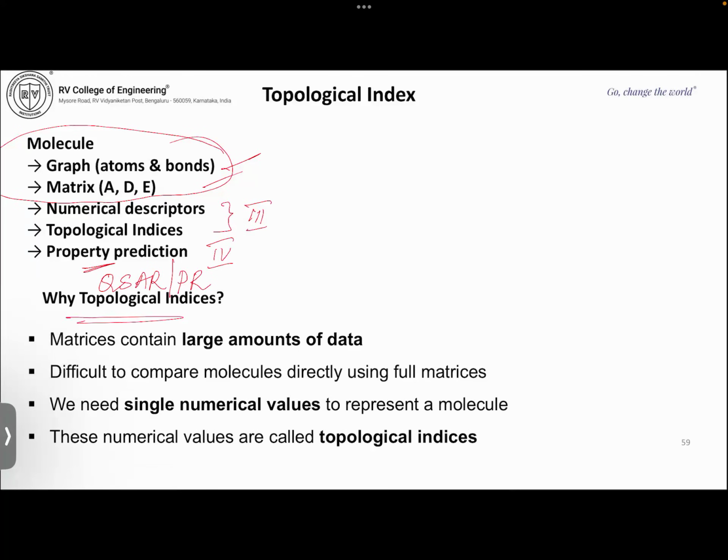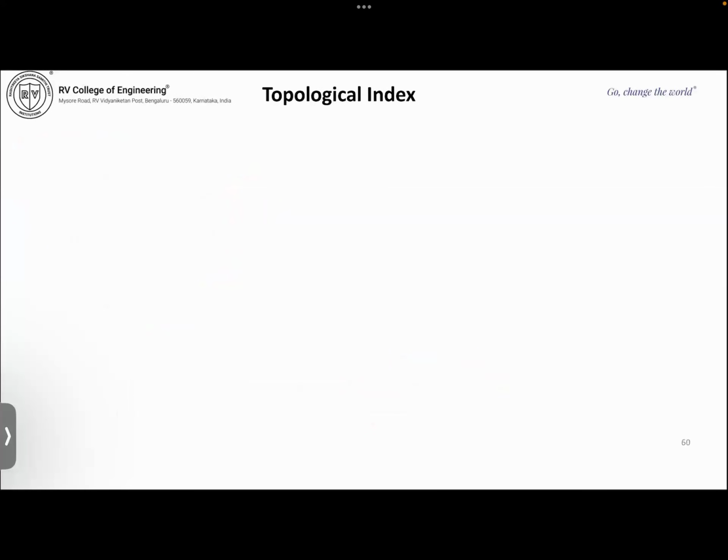So why topological indices? The matrices that we discussed in the previous recording contain large amounts of data, and it is difficult to compare molecules directly using the full matrices. So we need a single numerical value to represent the molecule or its graph. These individual simple numerical values are called topological indices.